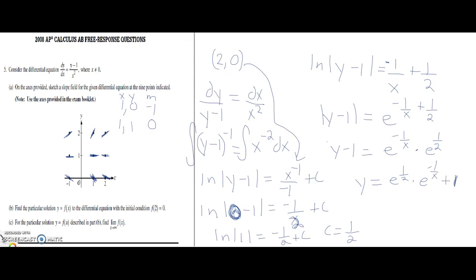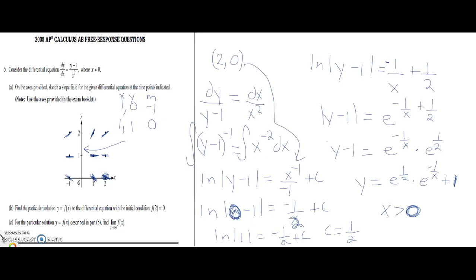That will be your equation. Now, you also have to specify the domain. If you look at this particular graph, you have an issue with domain over here. And the point that they gave you, (2, 0), happens to be here. So this is where you have domain issues, so it's going to be x is greater than 0. That's a must.